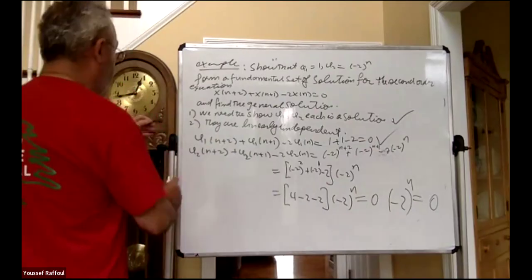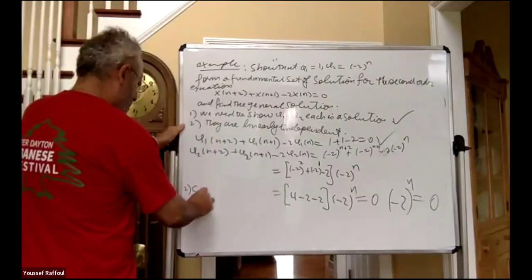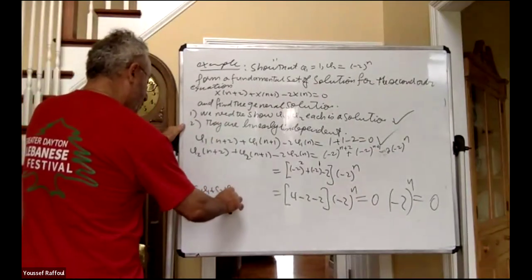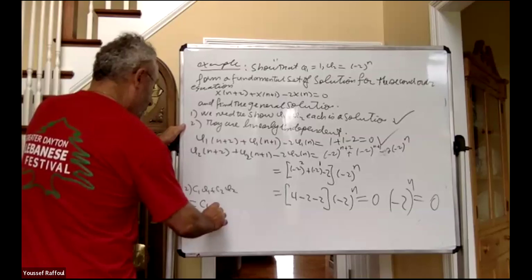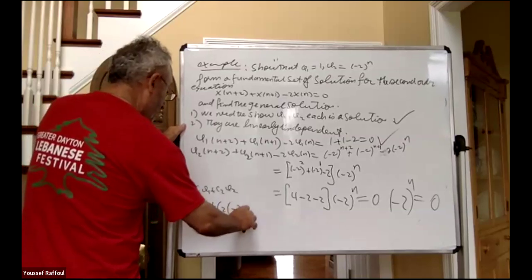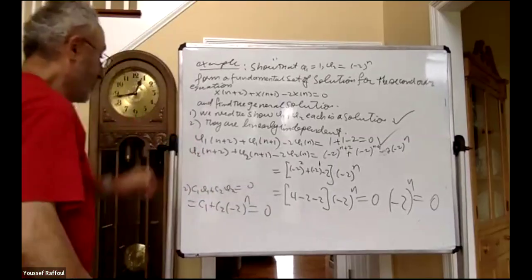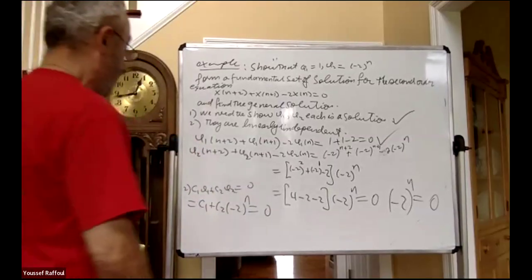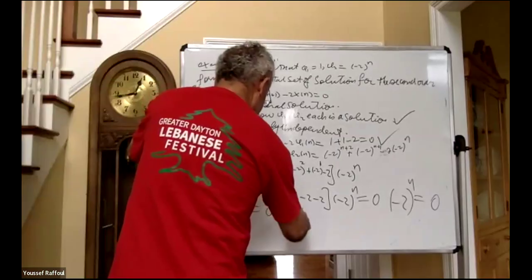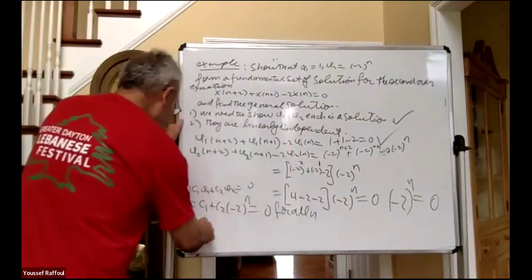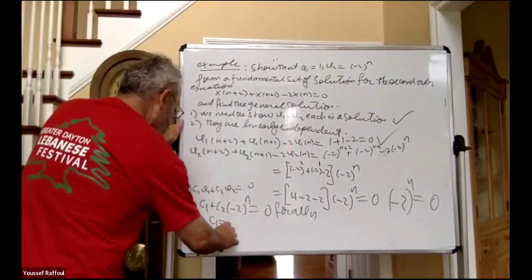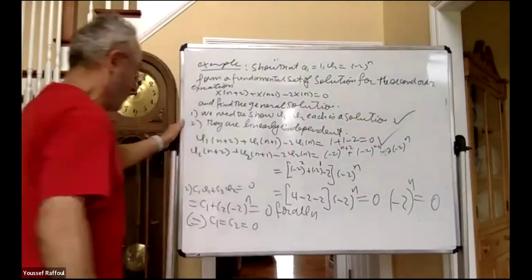All right, now for 2, C1 phi 1 plus C2 phi 2 equals C1 plus C2 times minus 2 to power n, and that is equal 0 for all n. This is if and only if C1 equals C2 equals 0.